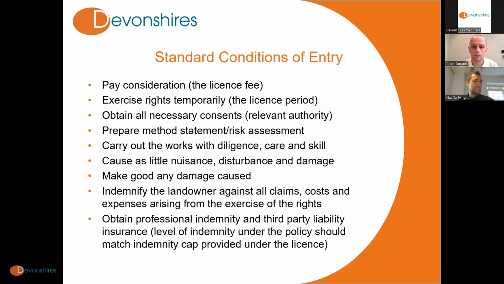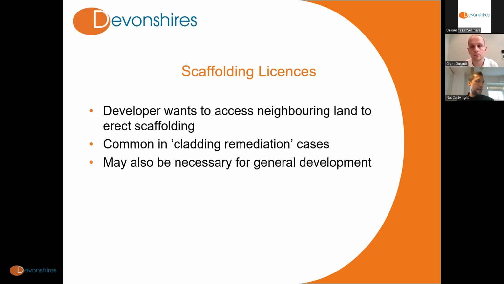In line with that indemnity, there'll often be a requirement to take out insurance. Professional indemnity and third-party liability insurance is common in licenses, and we would usually expect the level of the indemnity you're providing in the license to match the indemnity cap on the policy. So let's move on to the next slide.